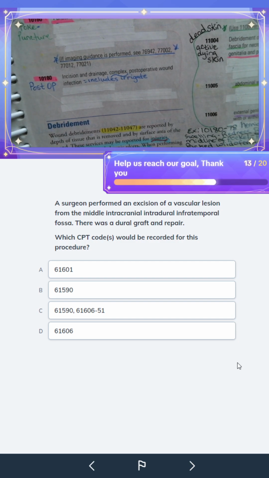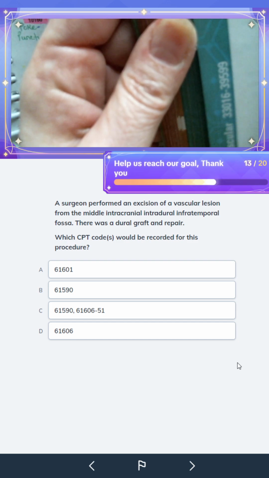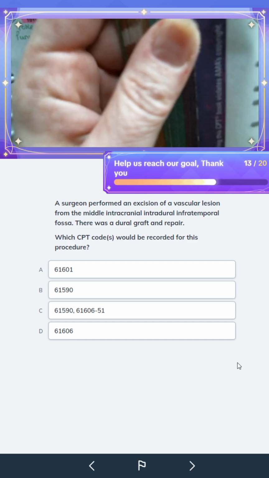616 or 615. Which one are you? There's two answers with 616 and two answers with 615.